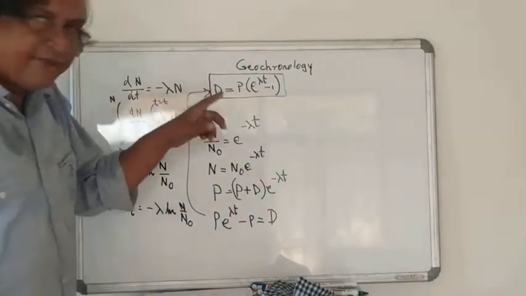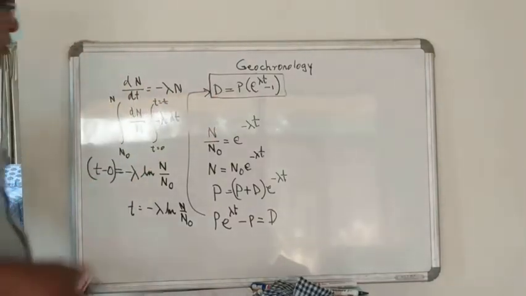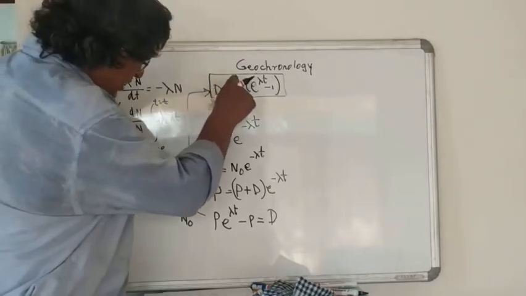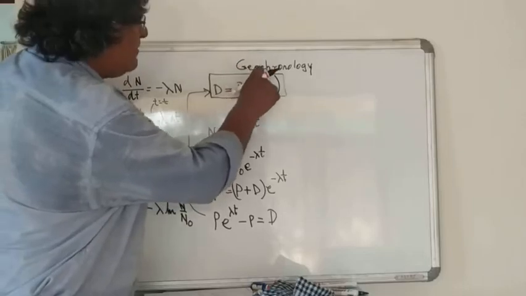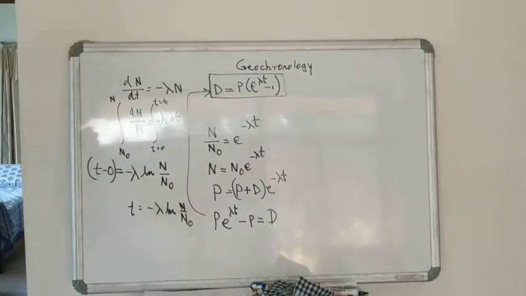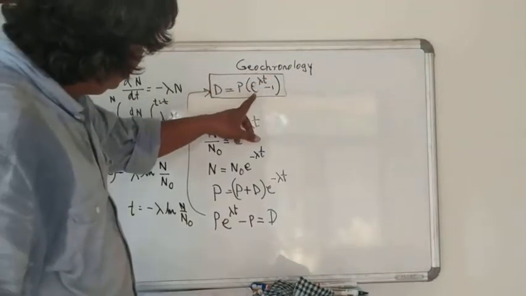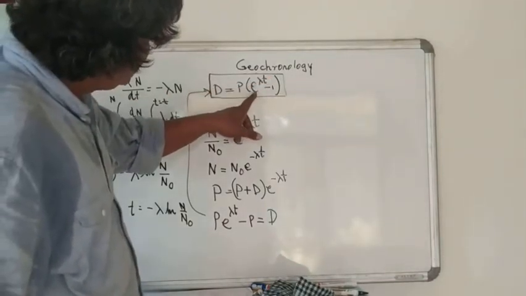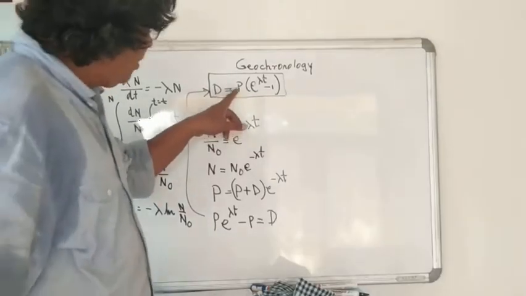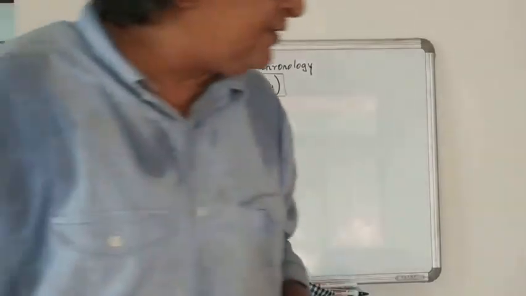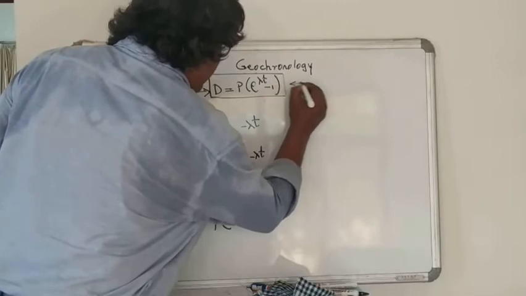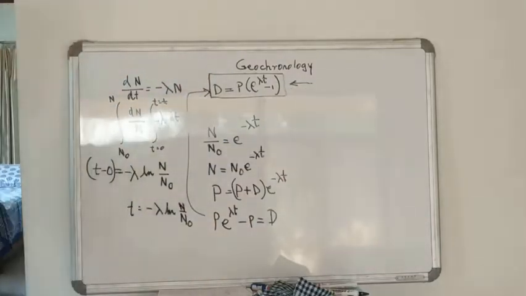The number of daughter elements would be equal to the number of parents into (e to the power lambda t minus 1). Now you can imagine if t increases, this value increases, and therefore the number of daughter increases, although the P decreases. So this is a fundamental equation that we will be taking for further discussion.